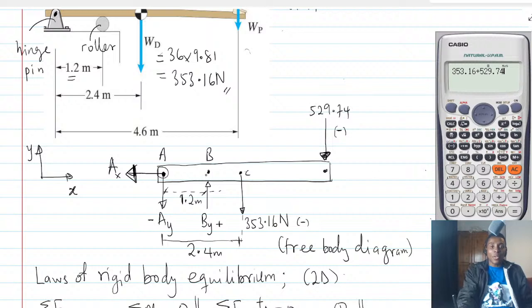Now, starting from By, the moment of By from A is 1.2, which is the distance, then I'll multiply by By. But what is the direction of the moment? Now, let's imagine that you have point A here, and then there is point B. Let's imagine that this is like a rod, and then you apply a force here, which is By.